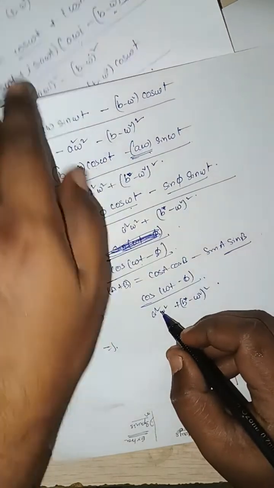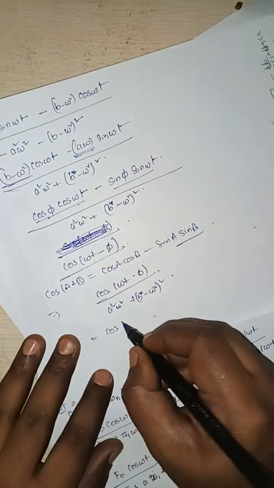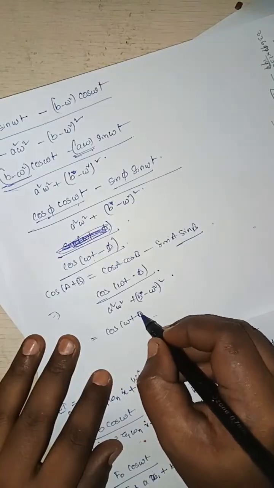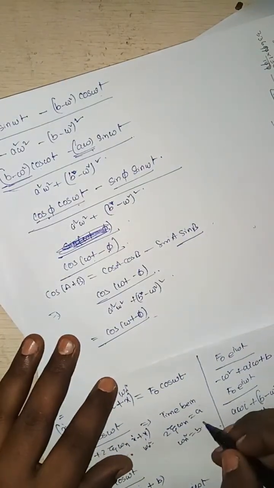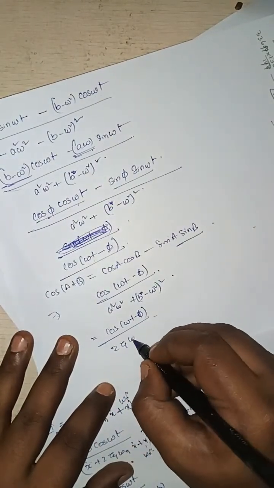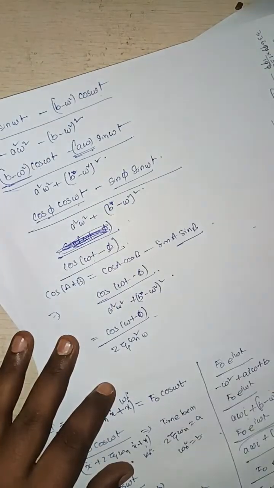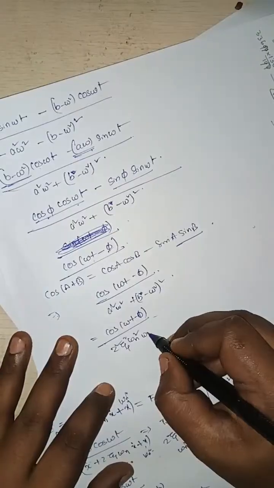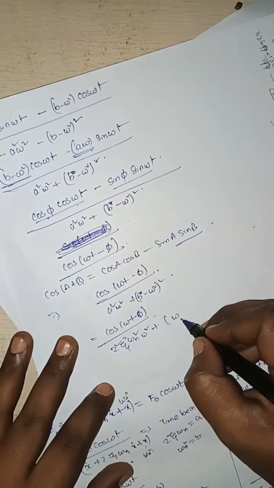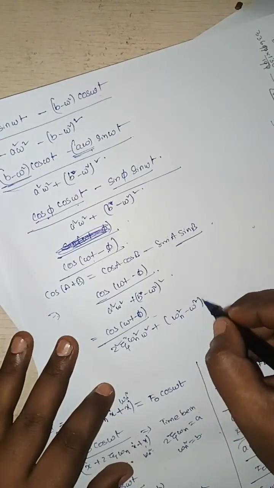You know that from AB, this is A, right? Minus phi divided by, this is A, right? 2 zeta omega n whole square omega square plus, what is this? This is omega n square minus omega square whole square. You're getting it?